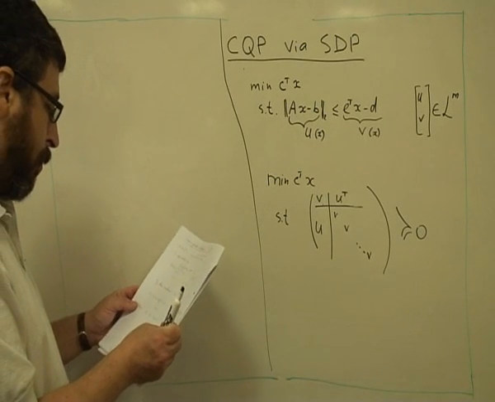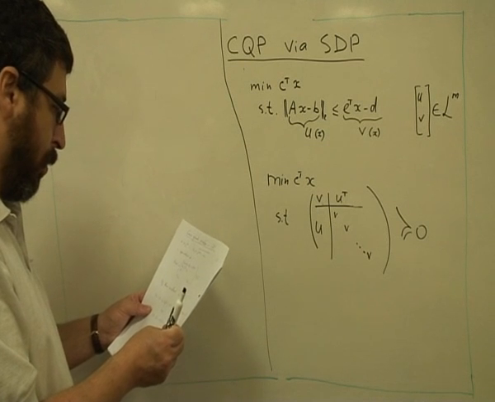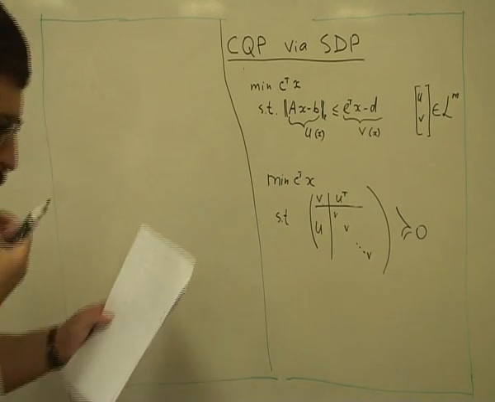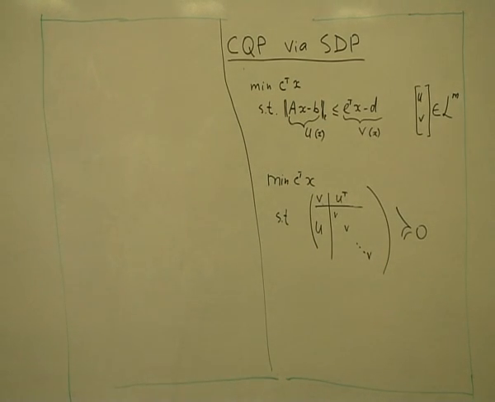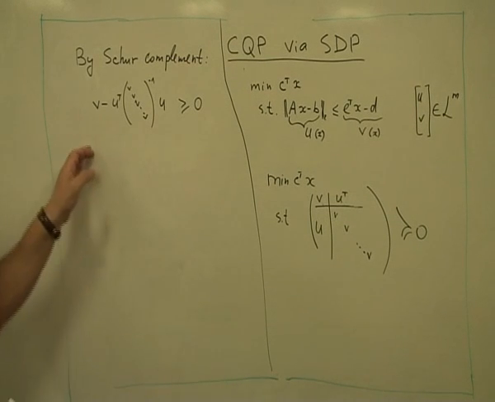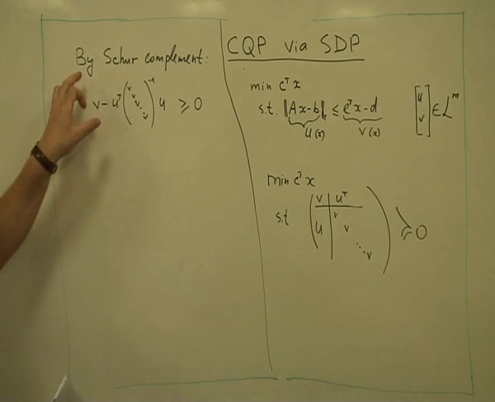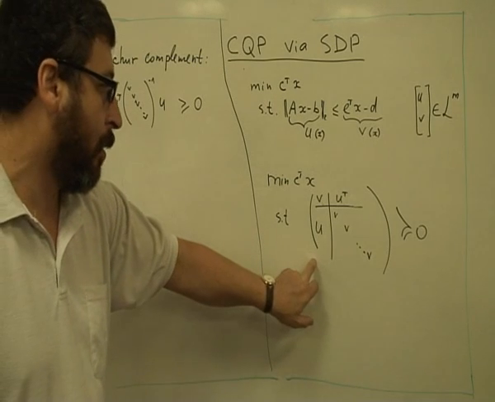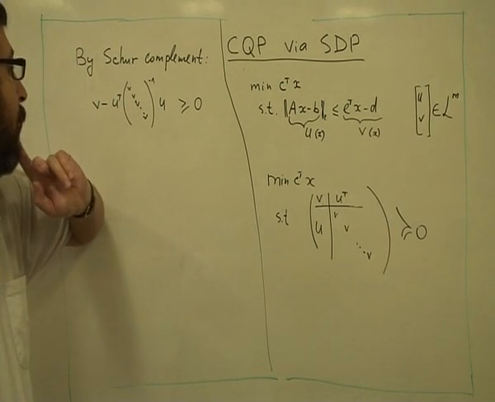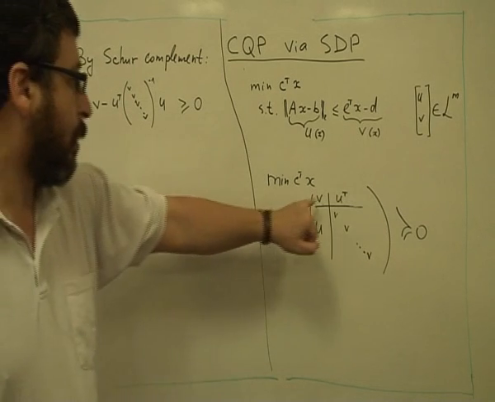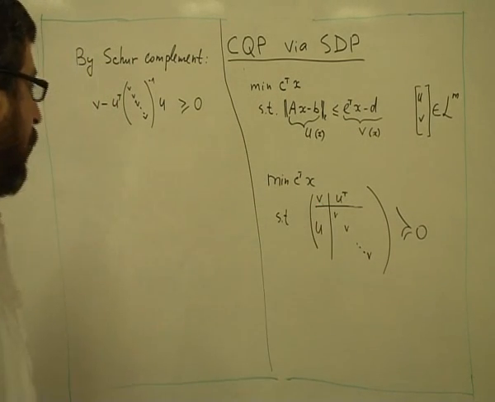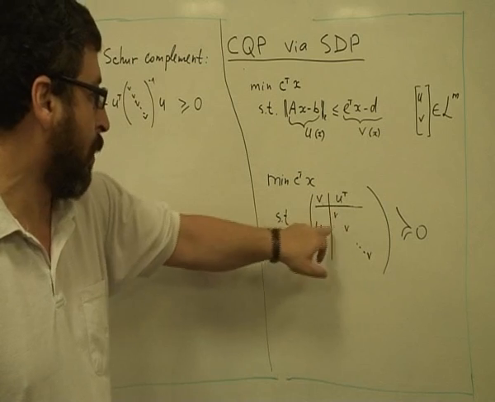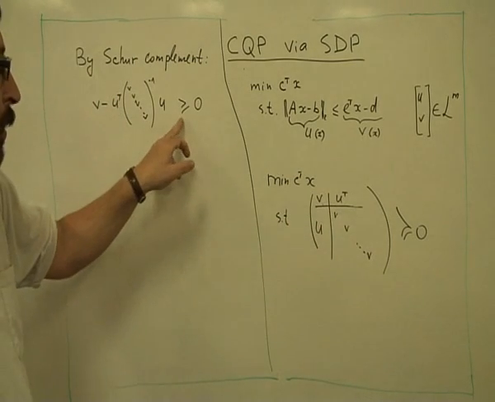Okay, I wrote it offline. Here is what we have by Schur complement theorem for this matrix. Okay, so this is our first block, and then u transpose by this block inverse by u greater or equal to 0.